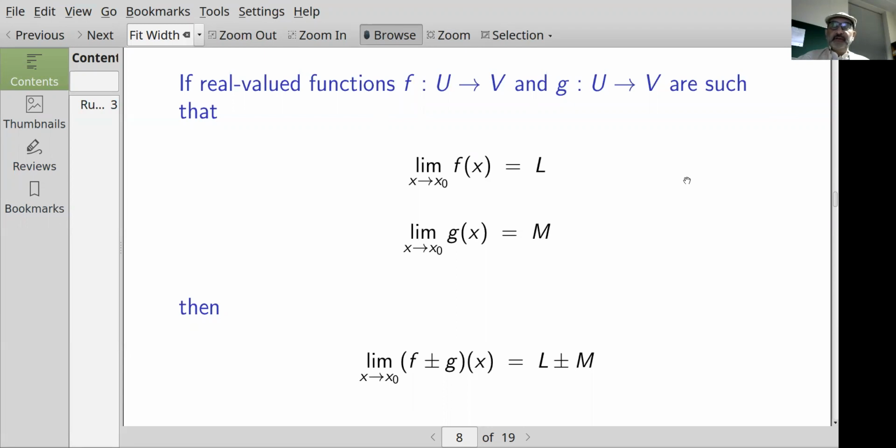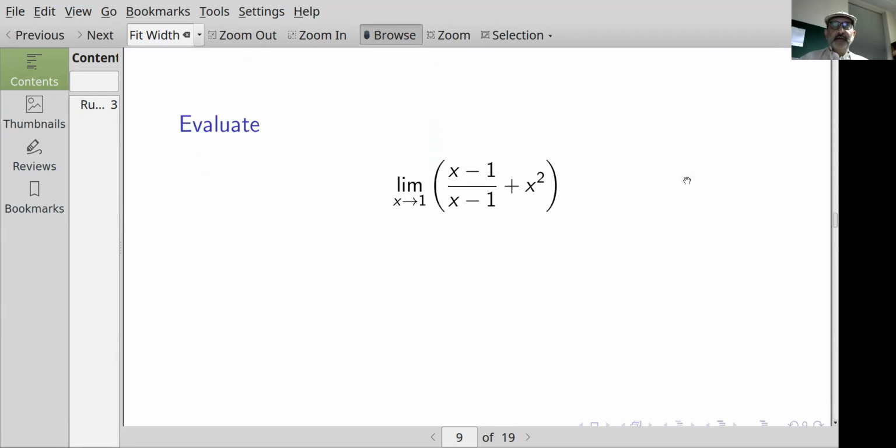And the limit of the difference f minus g will be L minus m at x naught. So the limit of the sum is the sum of the limits, and the limit of the difference is the difference of the limits, provided that the limits of the individual functions exist at x naught.